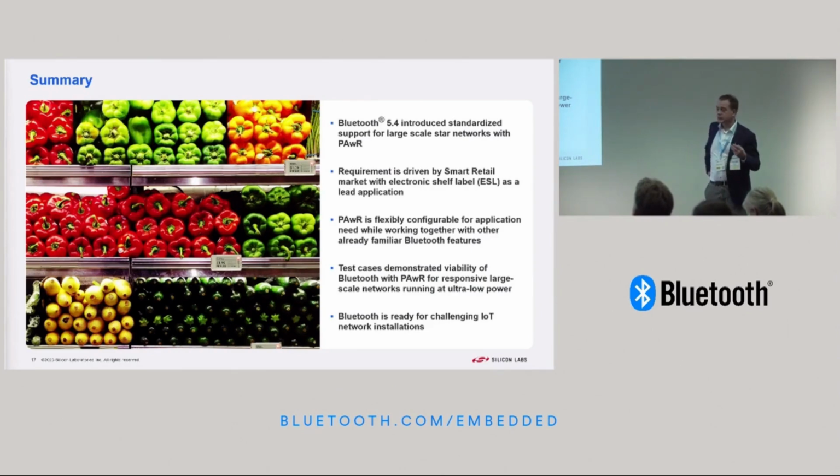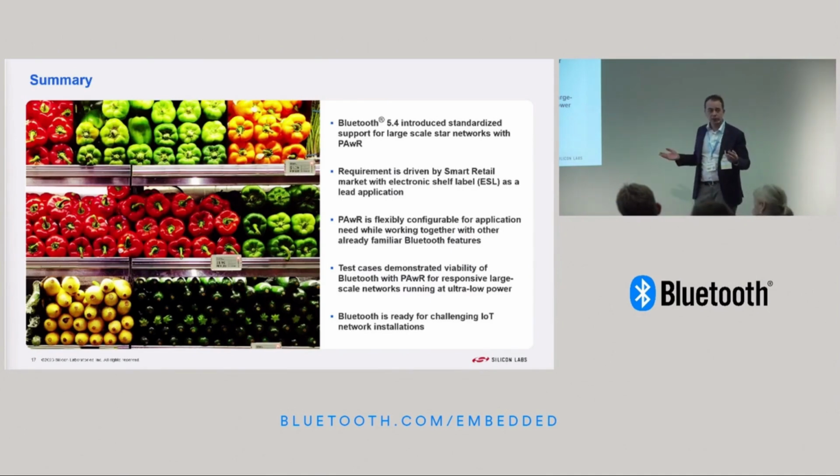PAWR as such is super flexible in how you set up the timings, and there's no one right solution. It depends on your final application needs. Based on the testing, it's clear that Bluetooth PAWR is responsive for large scale networks.